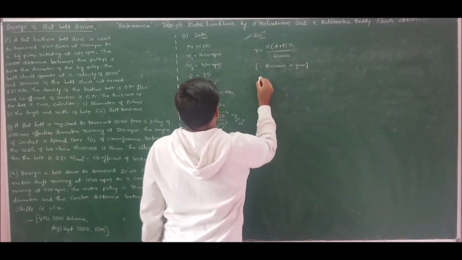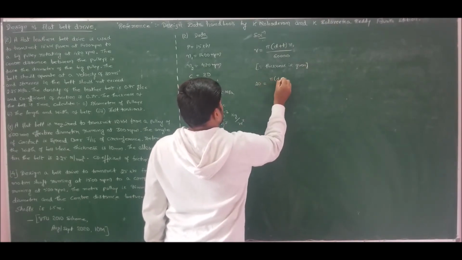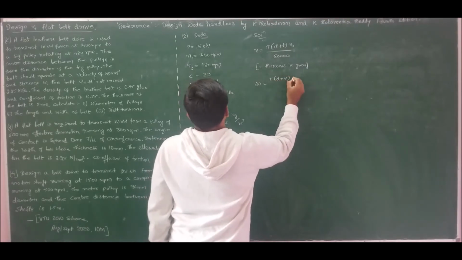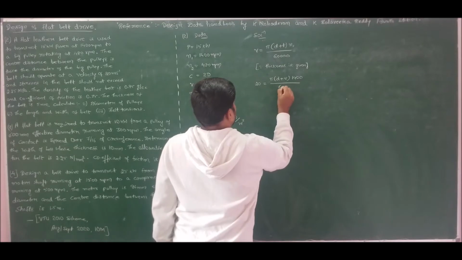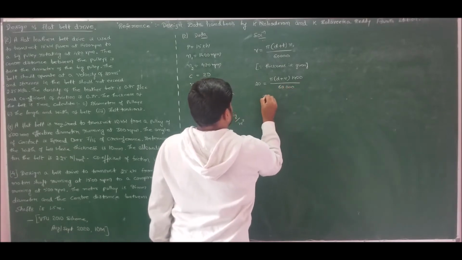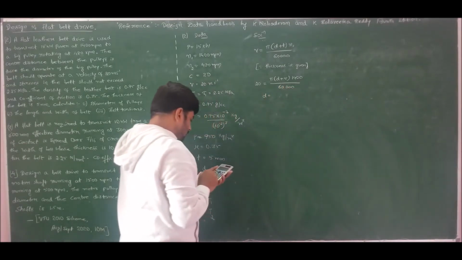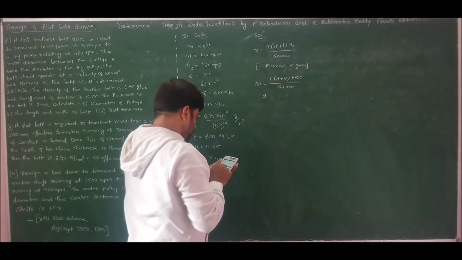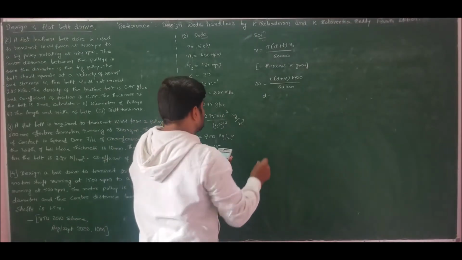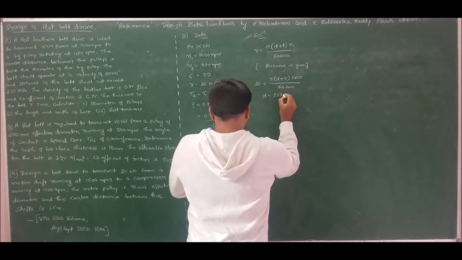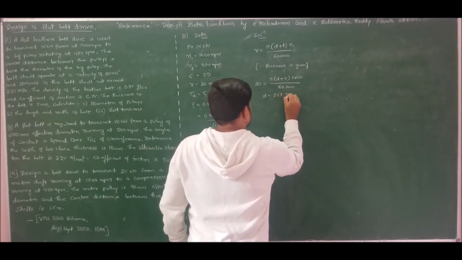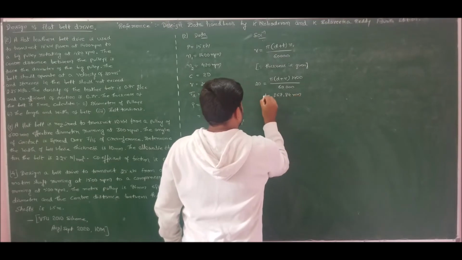Velocity is 20 meters per second, pi times diameter which is unknown, thickness is 5 mm, rpm is 1400, divided by 60,000. So the diameter of the prime mover turns out to be 267.84 mm.